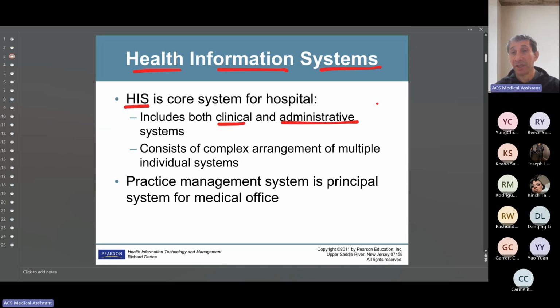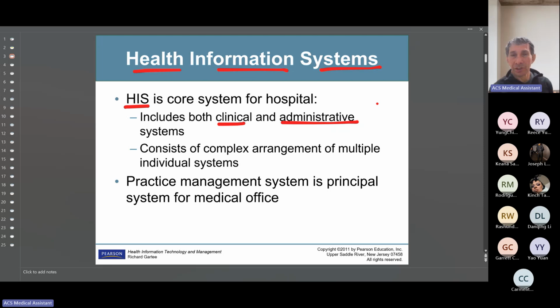That is where we make appointments, and that's when you do billing and coding. Then we move to the back, which is the clinical part.